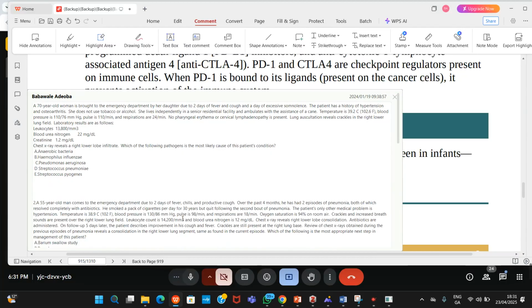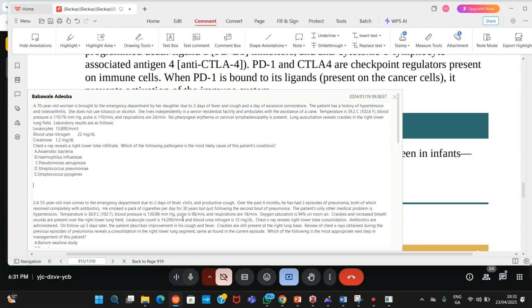A 70-year-old woman is brought to the emergency department by her daughter due to a 2-day history of fever, cough, and a day of excessive somnolence. The patient has a history of hypertension and osteoarthritis. She does not use tobacco or alcohol. She lives independently in a senior residential facility and ambulates with the assistance of a cane. Temperature is 39.2.